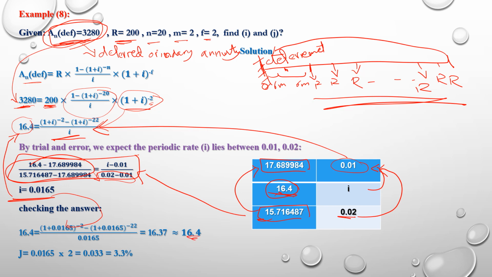And j equals i times m, as i equals j over m. So we already have i and we have m. i equals 0.0165 and m equals 2. So by multiplying these quantities by each other, we get j, which is 3.3%.